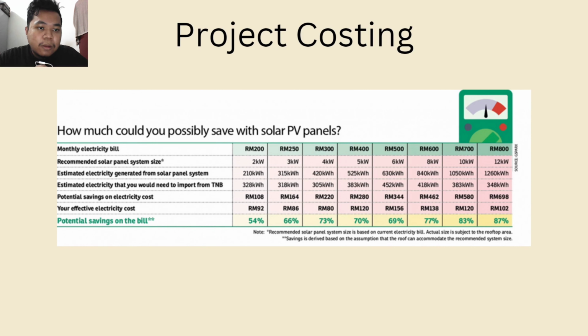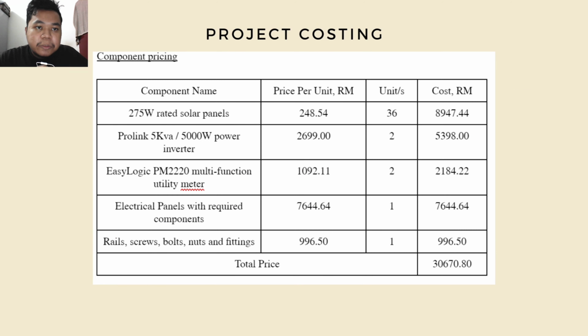So, first, this table shows how much money that solar panel can save in electric bills. As you can see here, for this project, we use a 10 kilowatt solar panel grid. So, this is the component pricing. We use 275 watt rated solar panels. We use 36 of them. Then we use two 5,000 watt power inverters.